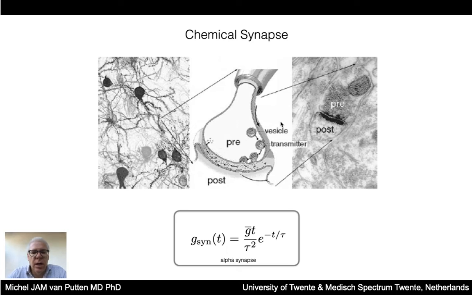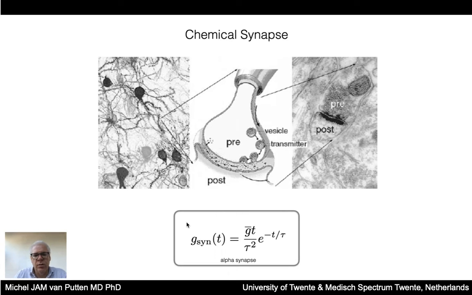Shown here again on the slide is the chemical synapse that excretes neurotransmitters in response to an action potential, and not shown here, but it may arrive at the presynaptic part, resulting in a release of neurotransmitter in the vesicles shown here into the synaptic cleft, and that can interact with the postsynaptic receptors, the ligand-gated receptors.